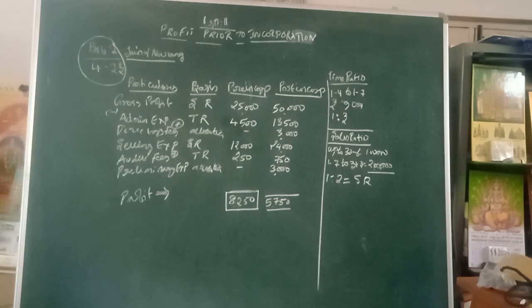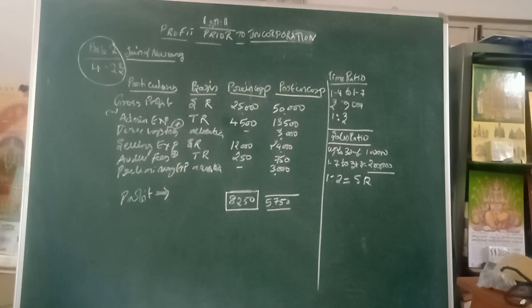Now, the gross profit is apportioned based on sales ratio, minus the expenses apportioned, and the balance you will get is the profit. That amount of profit may be the net profit, but as far as this statement is concerned, that profit is apportioned into two: one is the pre-incorporation period and another is the post-incorporation period.